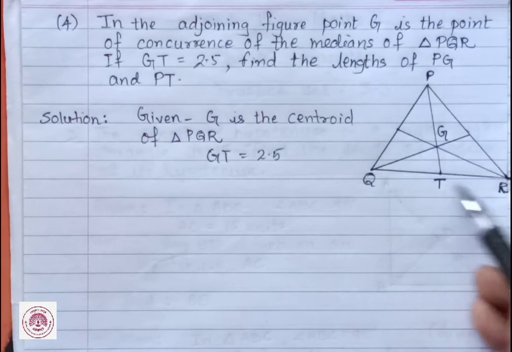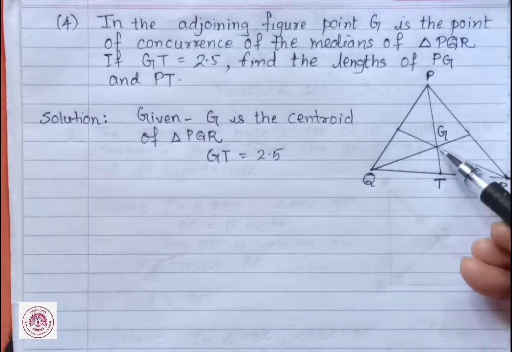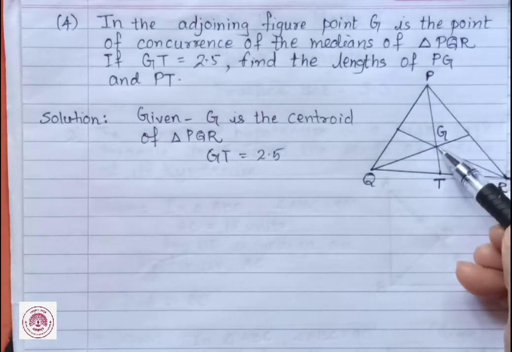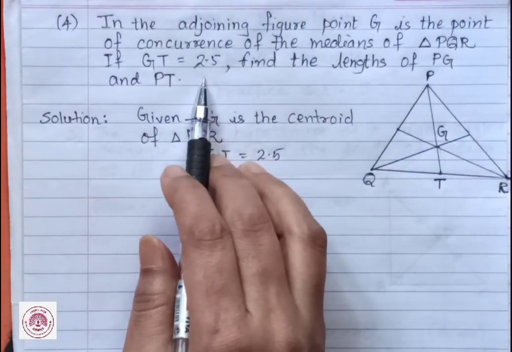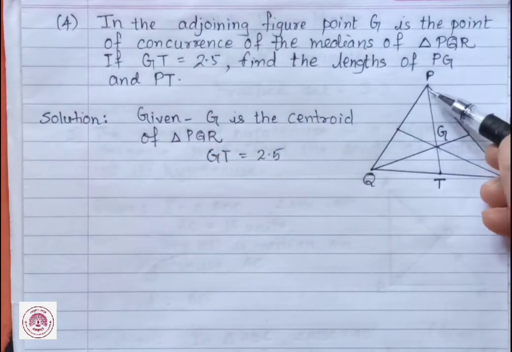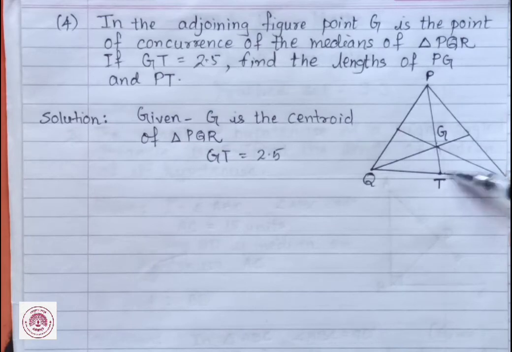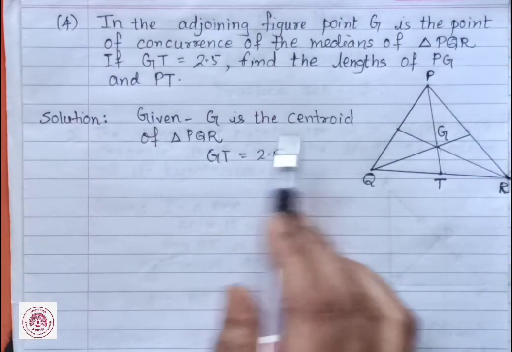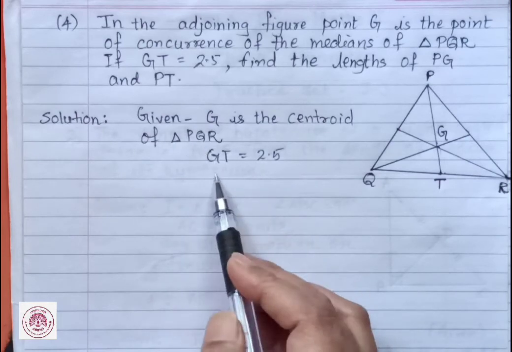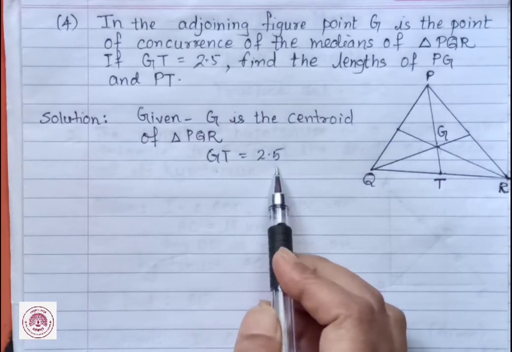Here in triangle PQR, G is the centroid, and we are given GT equals 2.5. We have to find the length of PG and then the length of PT. So let's start. In the solution, given is that G is the centroid of triangle PQR and length GT equals 2.5.